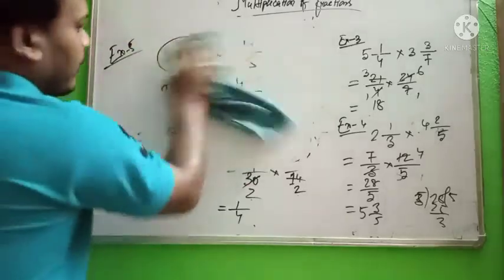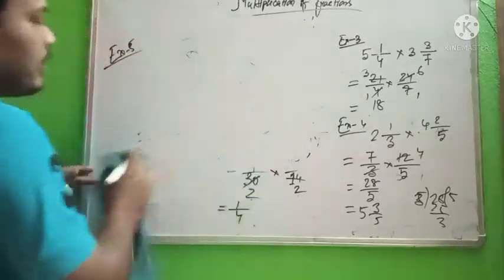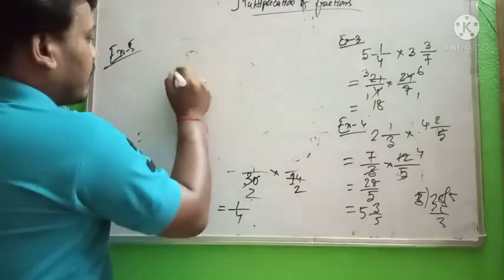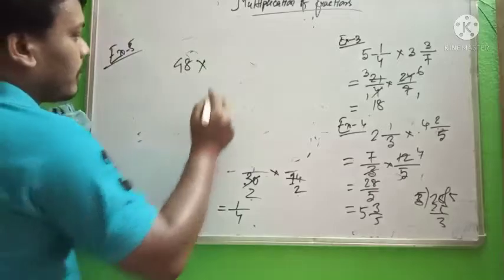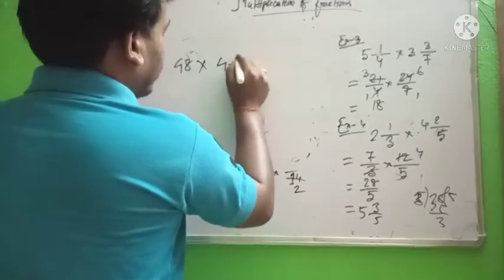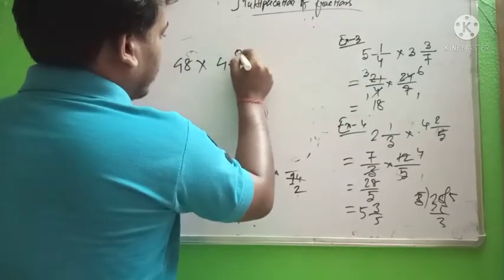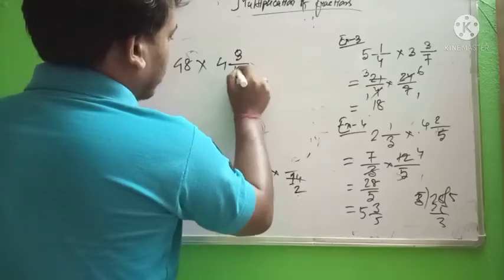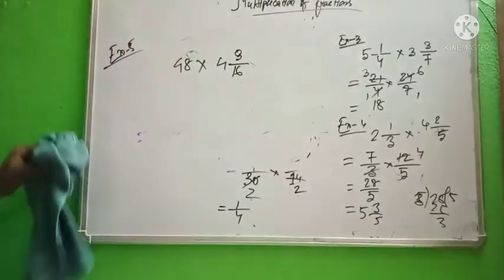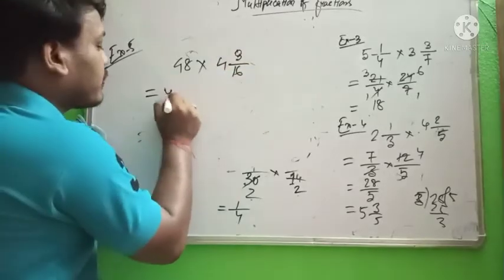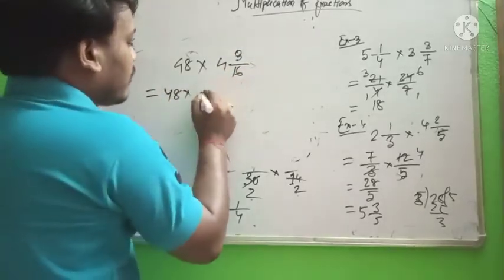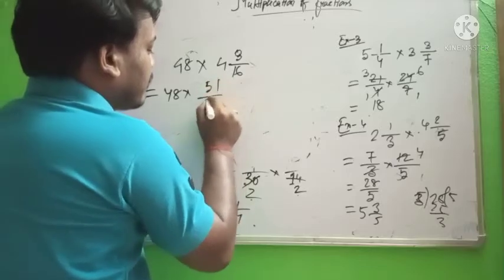Example 5: if I take one more example, 48 into 4 whole 3 by 16. First we need to convert this mixed fraction into an improper fraction. So 48 into 67 by 16.